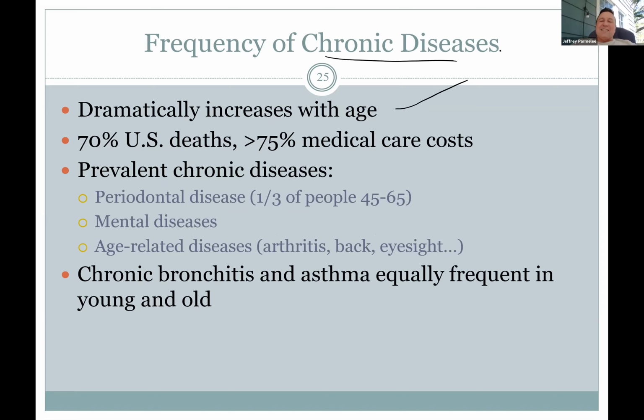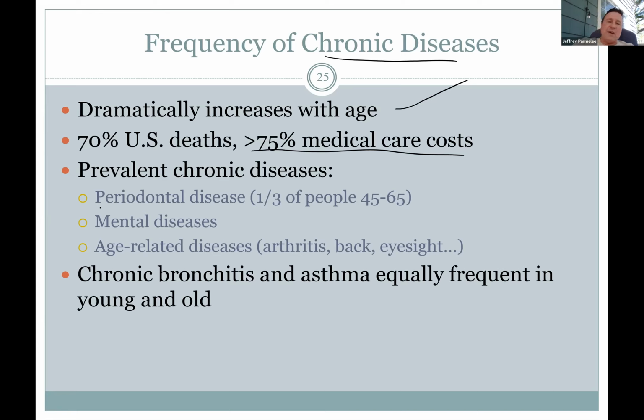And chronic diseases take up a large share of our medical costs. Broken bones and UTIs and colds have a huge impact on our population, but it's these chronic diseases that cause the majority of the deaths and the healthcare costs.